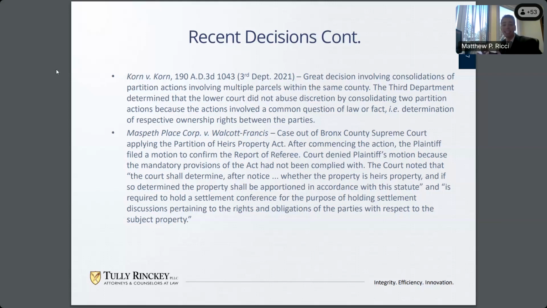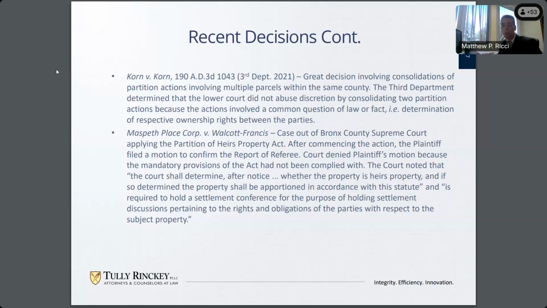The court then denied the plaintiff's motion, essentially because the mandatory provisions of the act were not complied with. The court noted that they shall determine after notice whether the property is heirs property, and if so, they also must determine that the property shall be apportioned in accordance with that statute. Again, Section 993 involves this act.